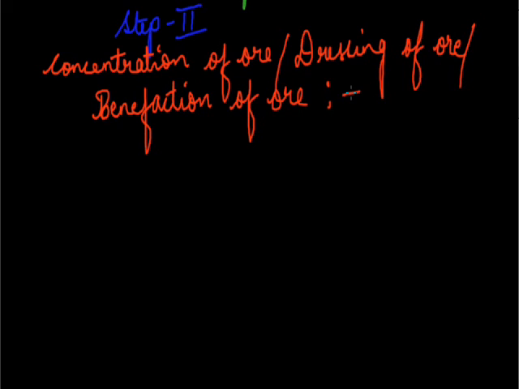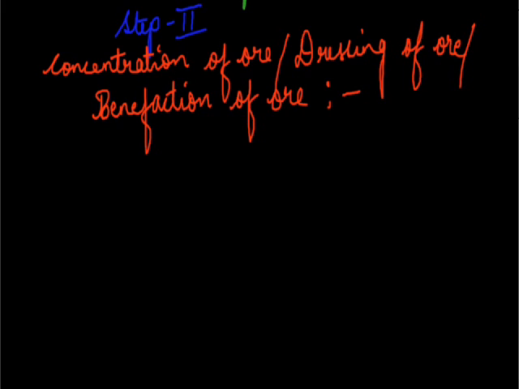So these are the different terms given for concentration of ore. In this step, the ore is concentrated, that is the impurities are removed. Impurities such as sand, mud or some magnetic impurity are removed and then the ore is further processed.